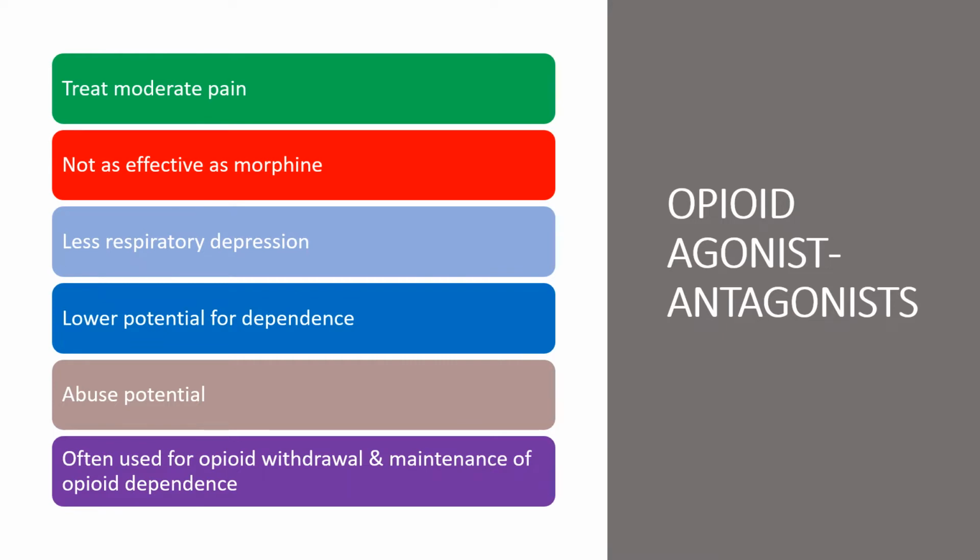And that is partly why we use it to help patients with opioid withdrawals and also maintain them on this medication instead of taking illicit narcotics or opioids, which are much, much more dangerous. Okay, so buprenorphine is really the one that we've started to use more and more.